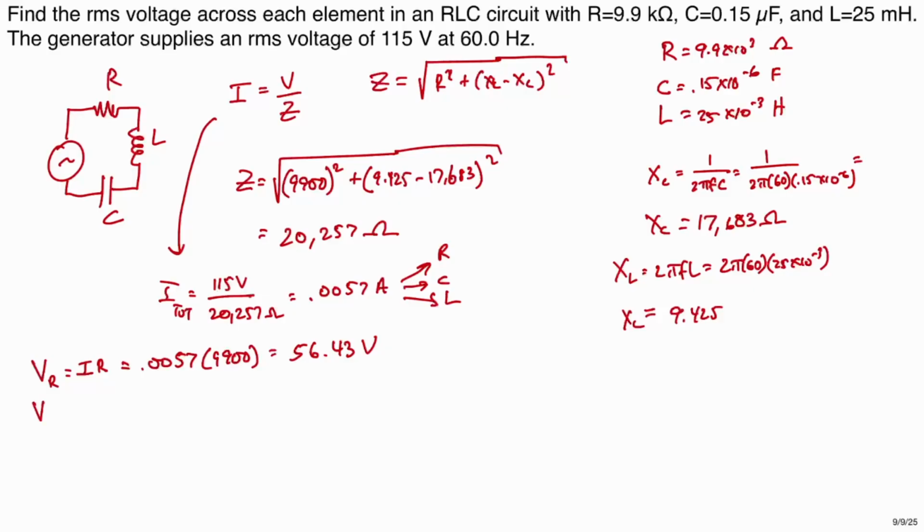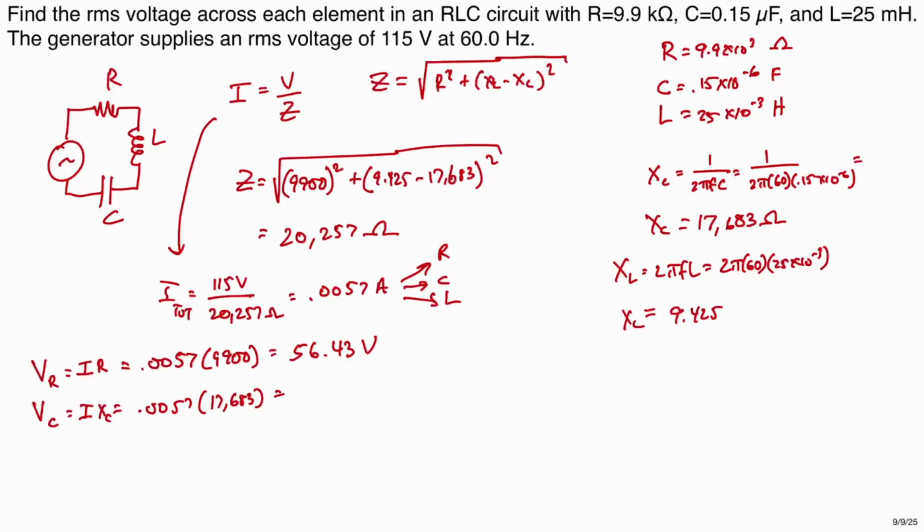All right? Voltage across the capacitor. I'm going to put in the current that I already know. And what am I going to put in for the resistance of the capacitor? X sub C. Right? Because that capacitive reactance is my resistance. So it's going to be 0.0057 times X sub C, which is 17,683. Again, amps times ohms gets you voltage, right?